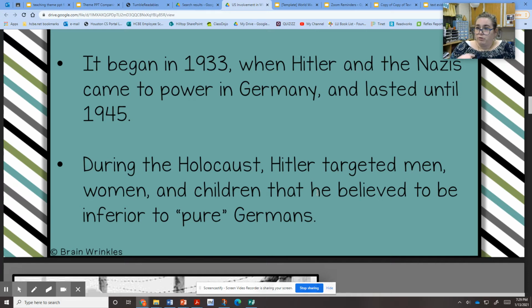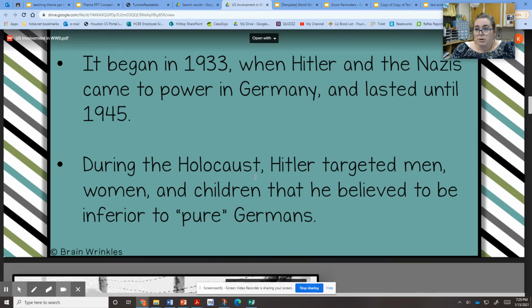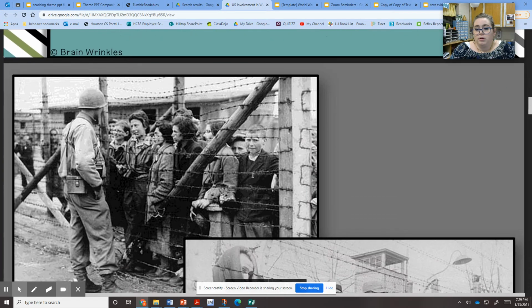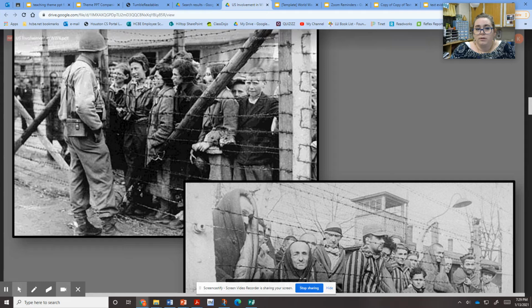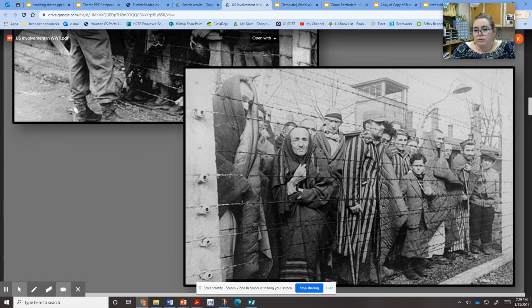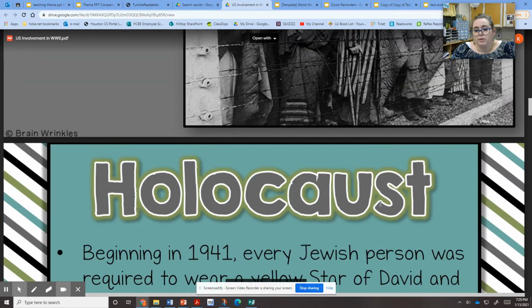They made them wear stars on their clothes to show that they were Jewish and they were not pure. And it was very hard. So you can see pictures. Look, they're behind this barbed wire and they're trying to huddle up. It's really cold.